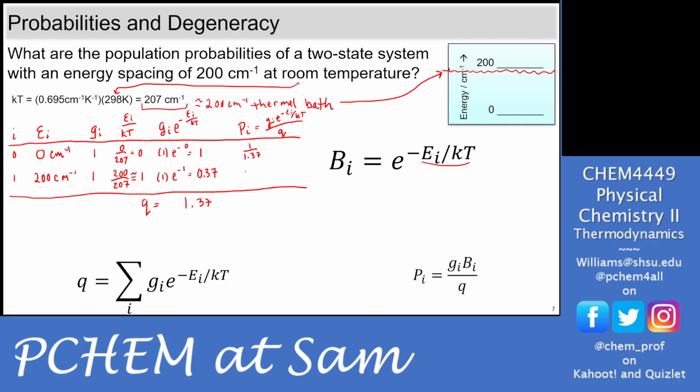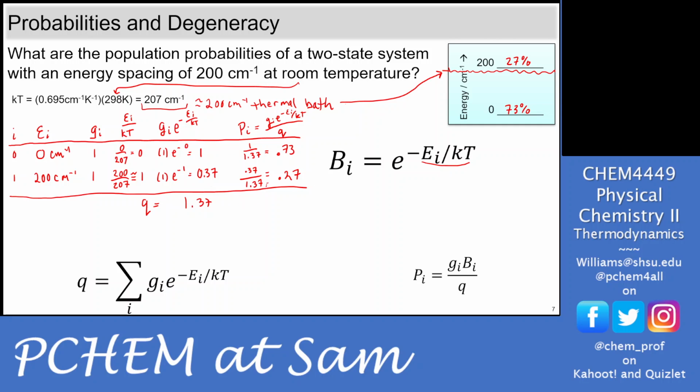And this is 0.37 divided by 1.37. First one should be 0.73. Okay. And then 0.27. Okay, so we have a 27% chance of being in that state and a 73% chance of being in that state.